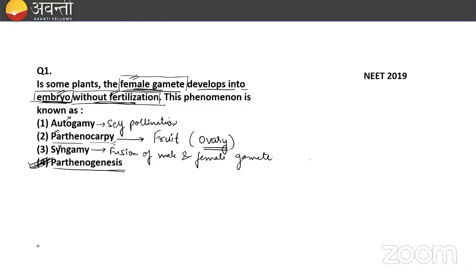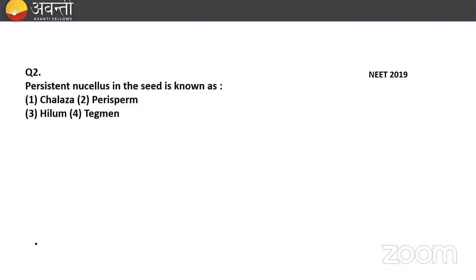Now let's move to question number 2, which says: persistent nucellus in the seed is known as. Option 1 is chalaza, option 2 is perisperm, option 3 is hilum, option 4 is tegmen. And this question came in NEET 2019. So what do you think, what will be the correct option? Is it 1, 2, 3, 4? They're asking about the persistent nucellus in the seed.